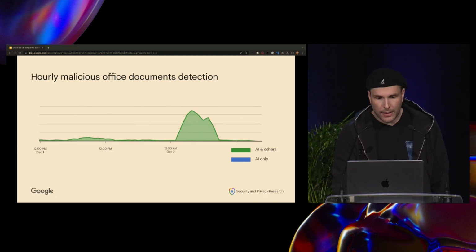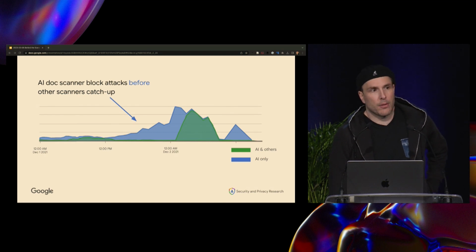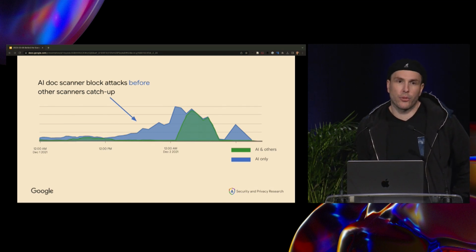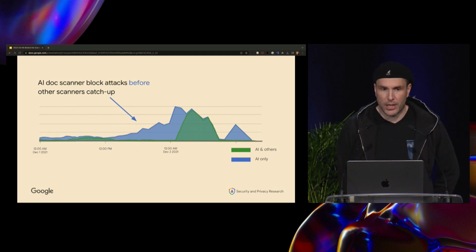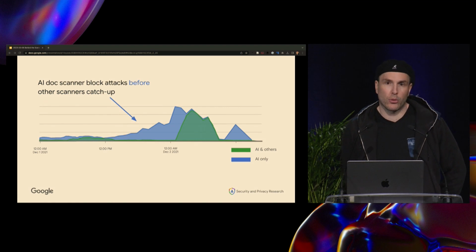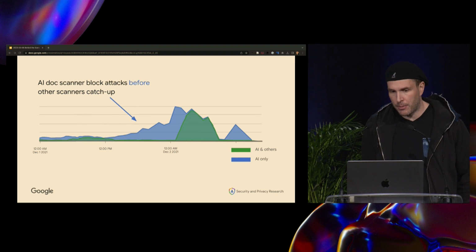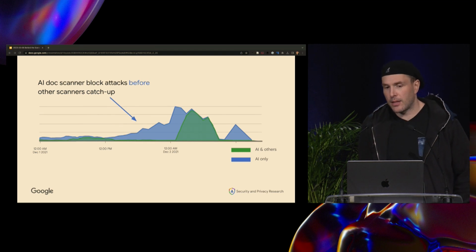X is the volume. This is the detection for all, and the machine learning could detect upstream the attacks and protect the work of the AI.